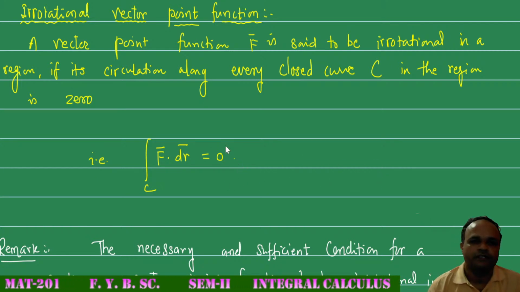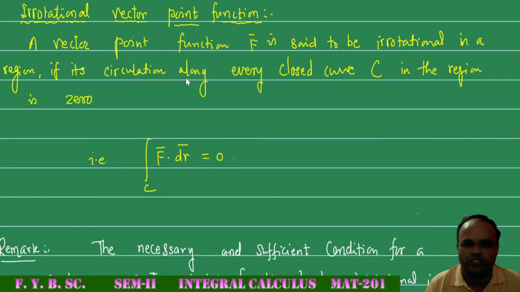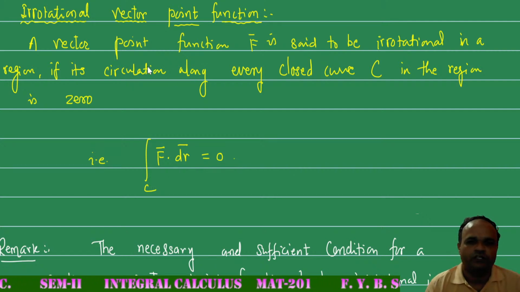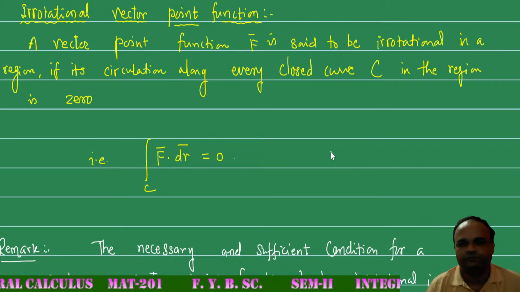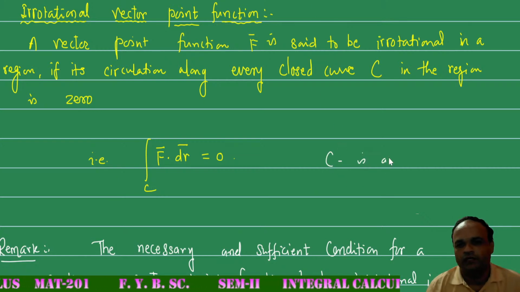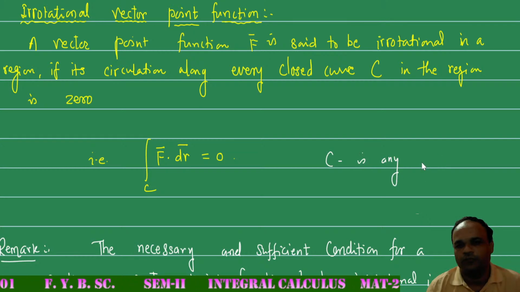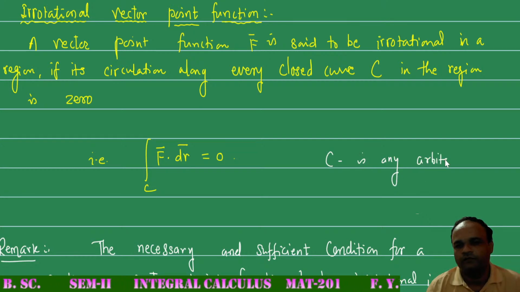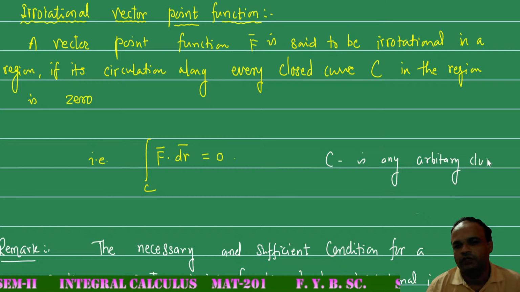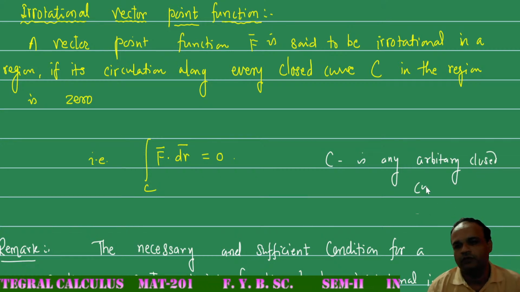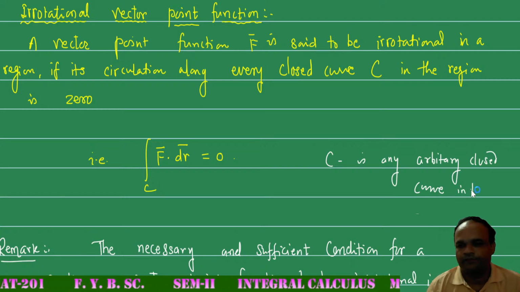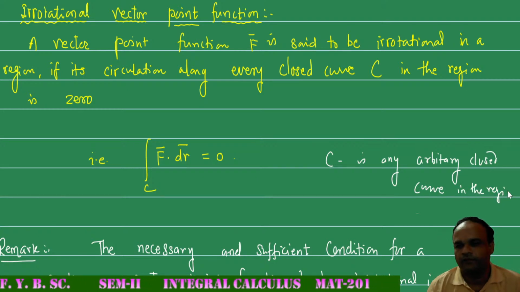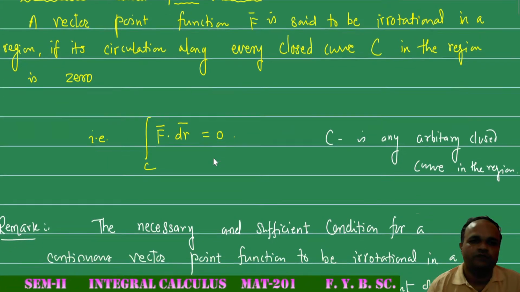Then in that case, the vector valued function f bar is called an irrotational vector point function. So this is the condition on C.